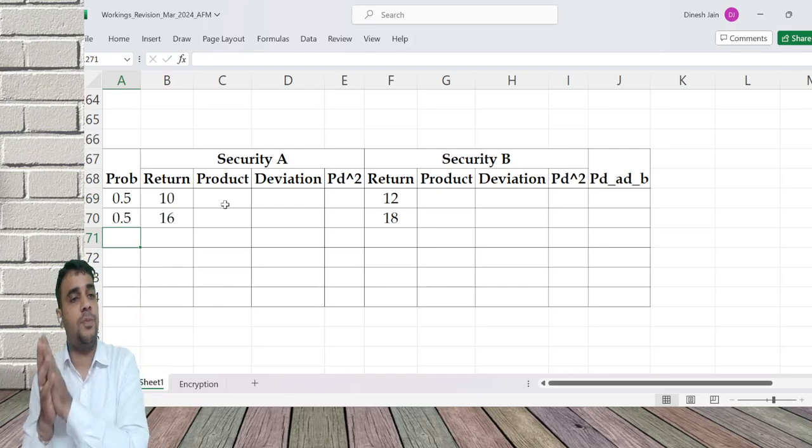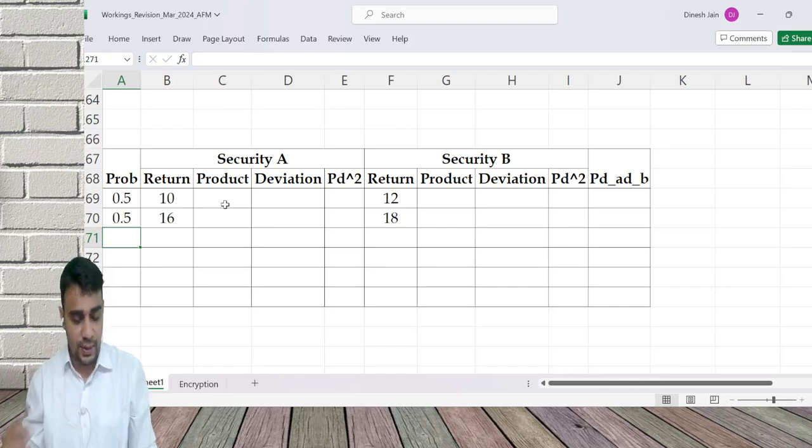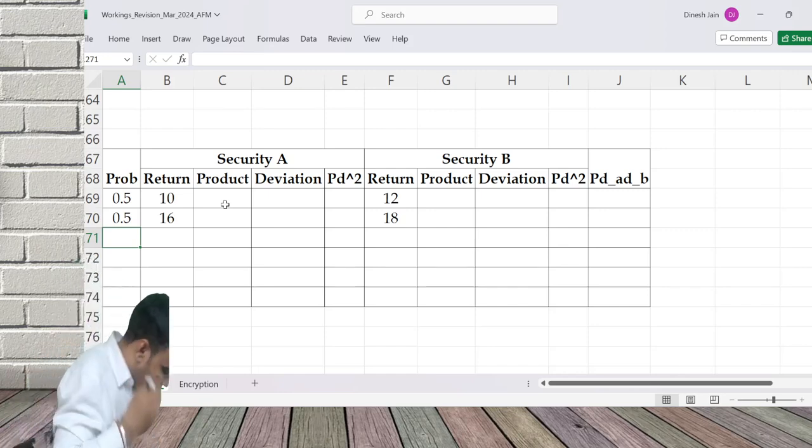Do that: return, probability, product, deviation, PD square. So you're repeating that calculation for two securities. I'll be back in a minute. You keep doing it.